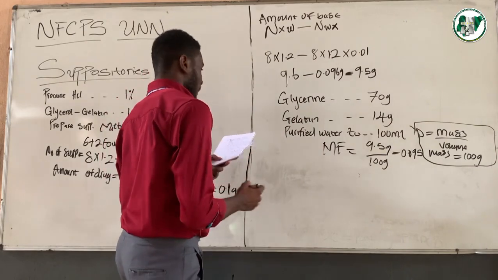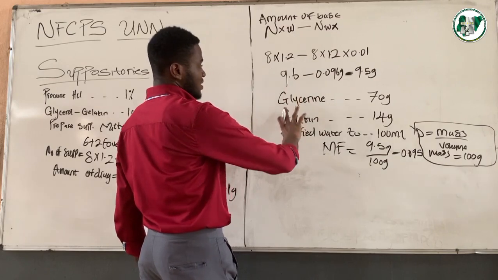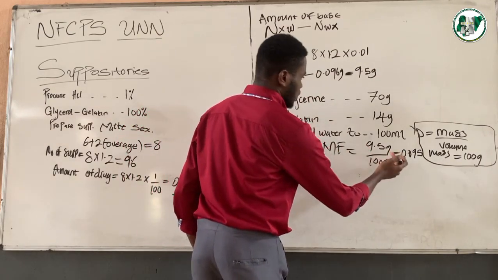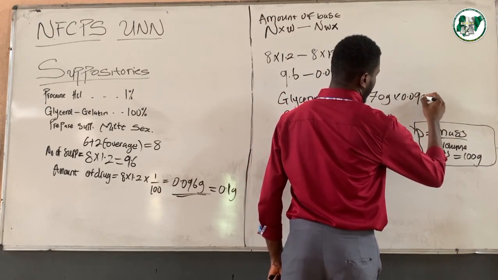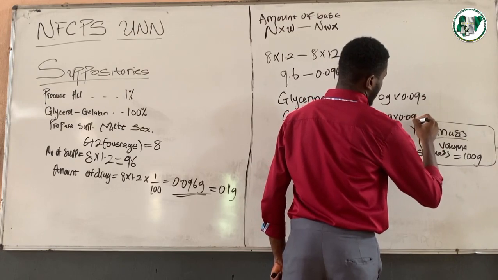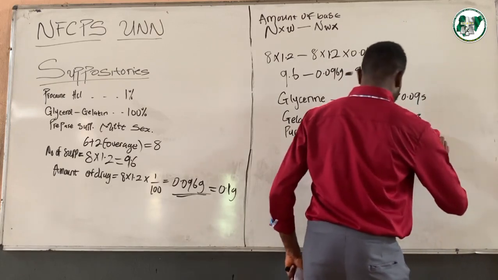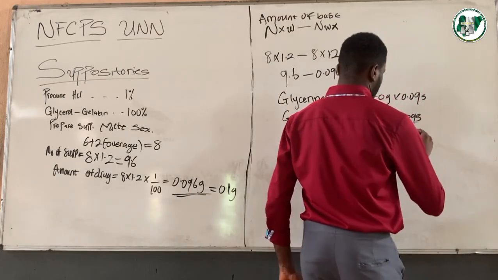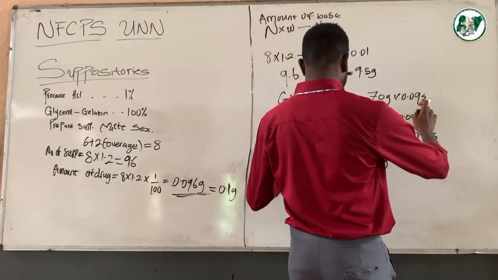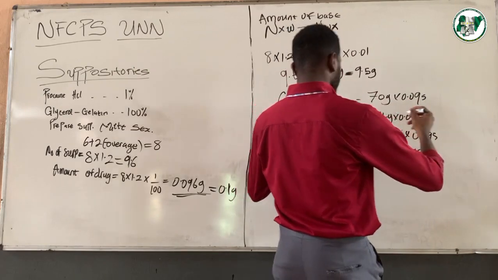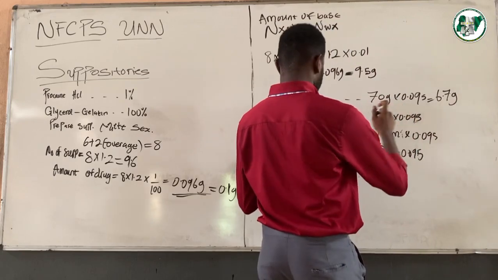Now, we're going to use this multiplication factor to get our working formula for this glycerol gelatin. So our working formula is going to be 0.095 multiplied by 70 here. So 70 multiplied by 0.095, we're going to get 6.7 gram for glycerin.